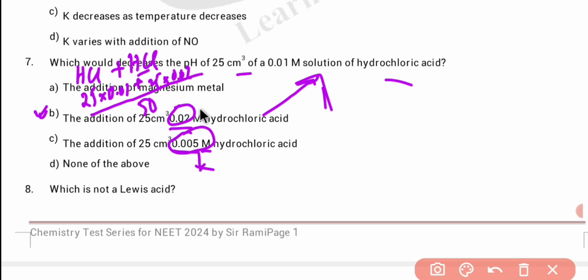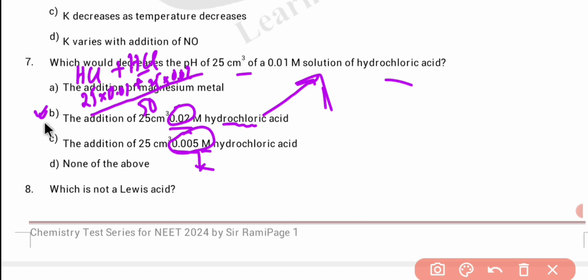So the more the increase in the concentration of H+ ion, the more the decrease in the pH value. So adding higher concentration of HCl will decrease pH to a large extent.